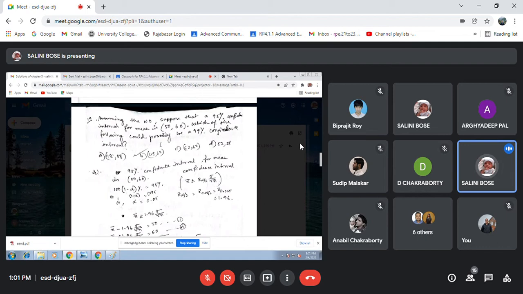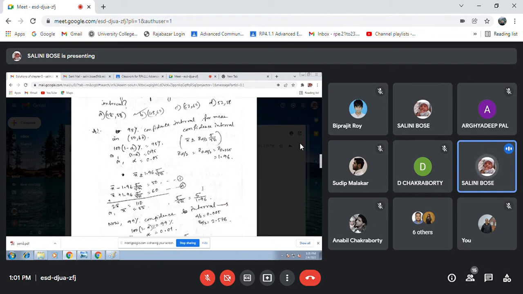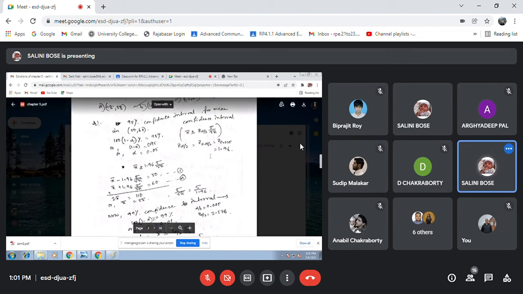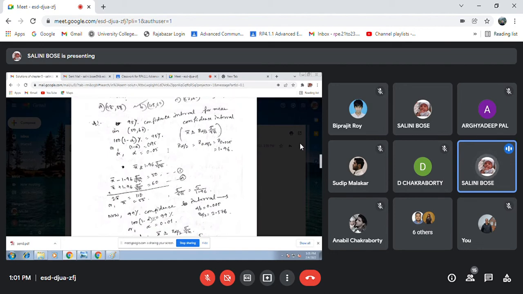So for the 95% interval, alpha by 2 equals 0.025, so Z is 1.96. So we can write X bar minus 1.96 sigma by root n, with this Z alpha by 2 value put in.